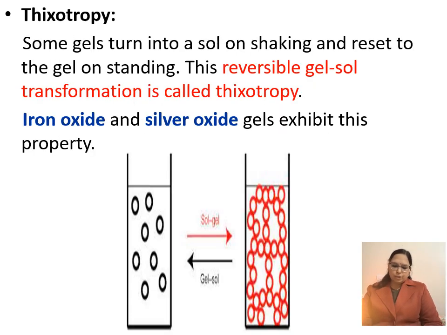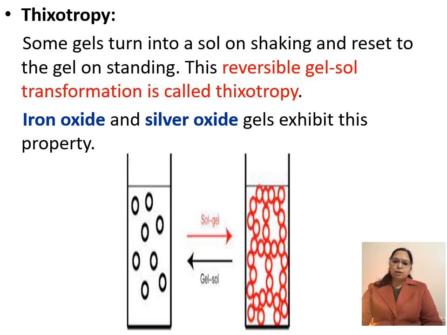The next important property of gels is thixotropy. Thixo means touch, tropy means movement. So some gels are capable of turning into a sol on shaking, and again they reset to the gel on standing. So when you touch them, gel converts into sol, but if you just leave it, then it becomes gel again.